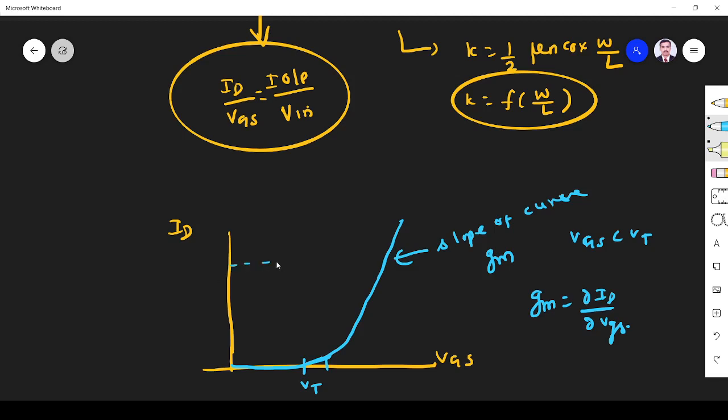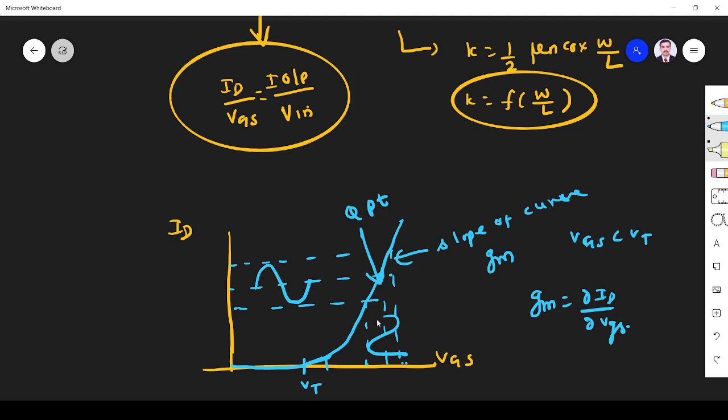So when you have an input-output relation like this, this is a Q point. You see, when the Q point is in the saturation region, ID and VGS are linearly related.